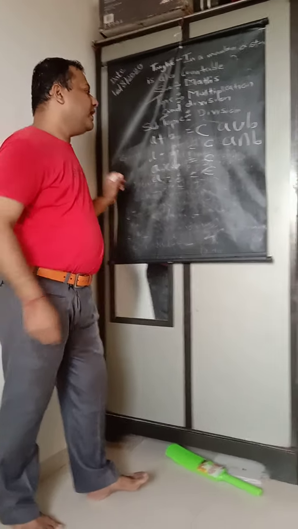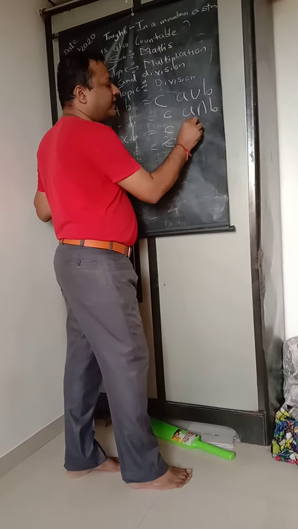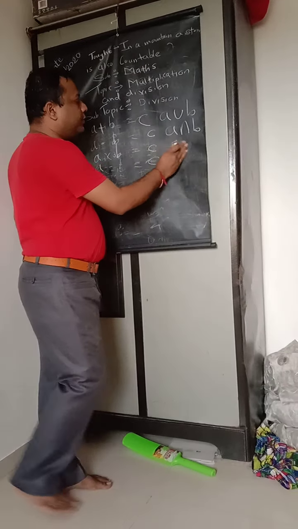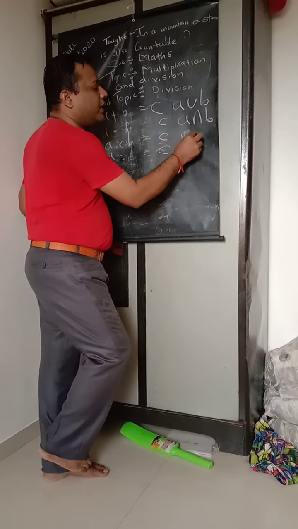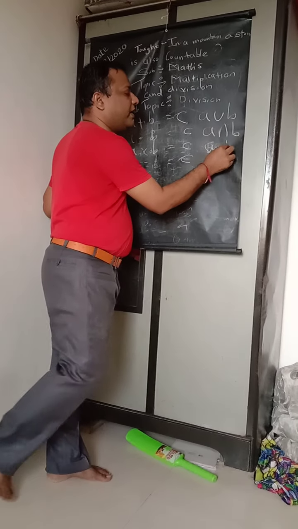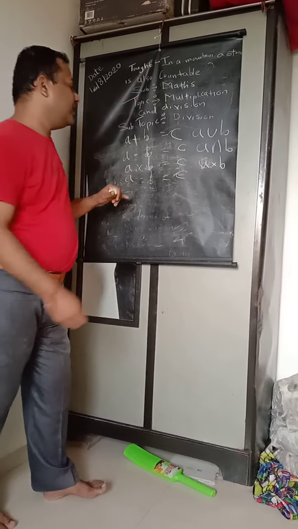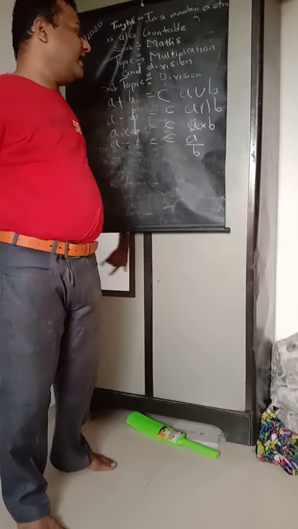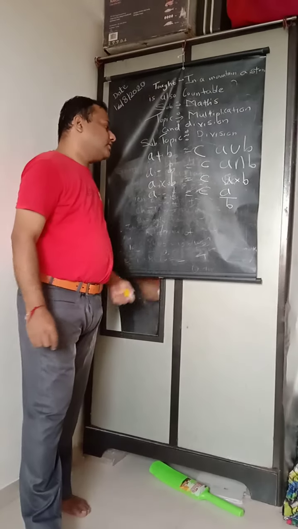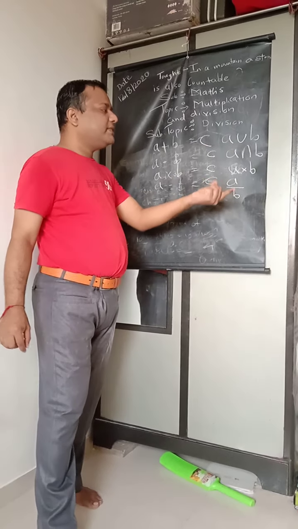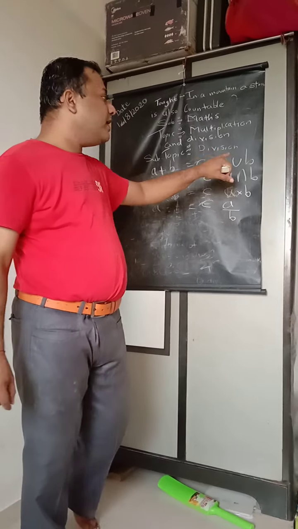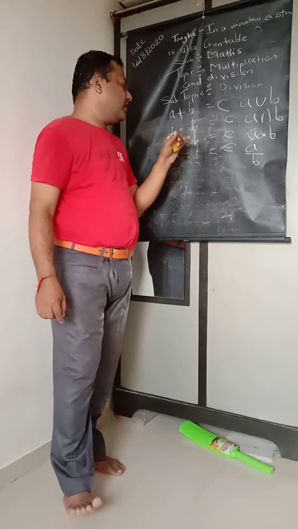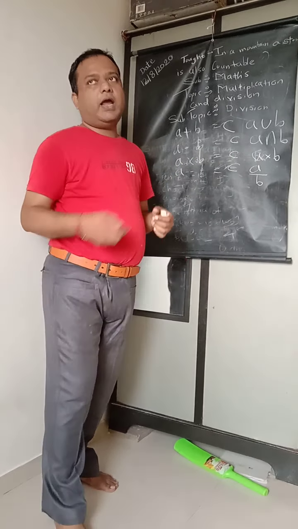A into b is nothing but your x or, a cross b, and for division it goes to be a by b. In this way you can represent it: union means addition, intersection means subtraction, then a into b and a or b.